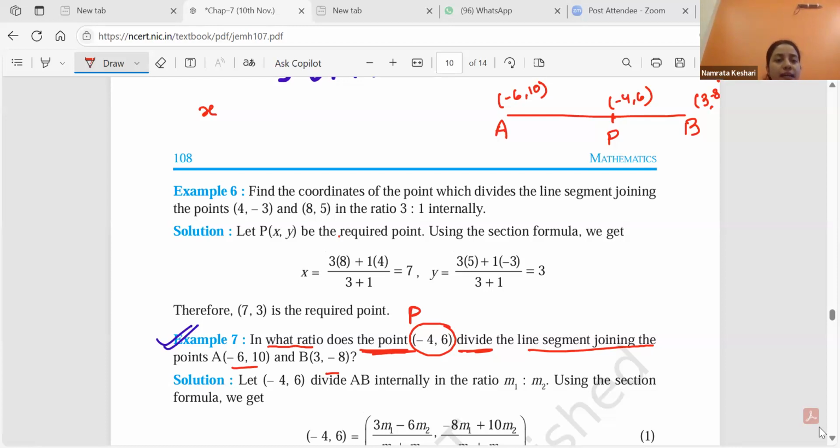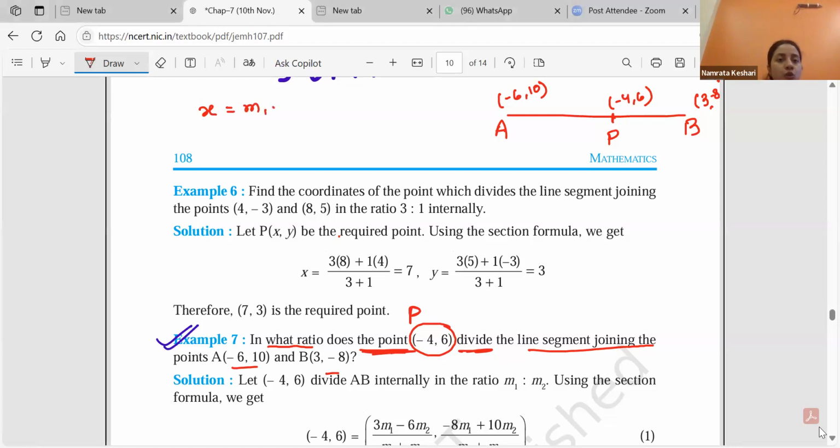The formula says that the x coordinate is m1x2 plus m2x1 by m1 plus m2. The x coordinate for P you already know; this time it is provided to you.